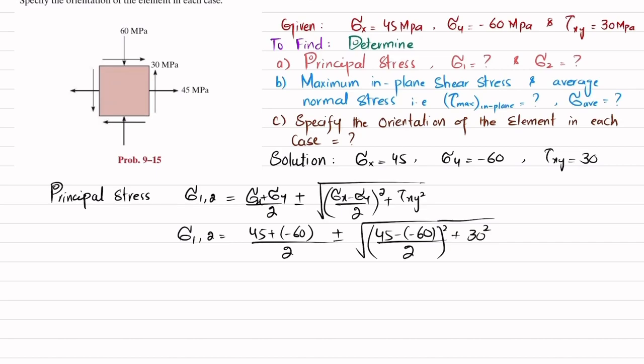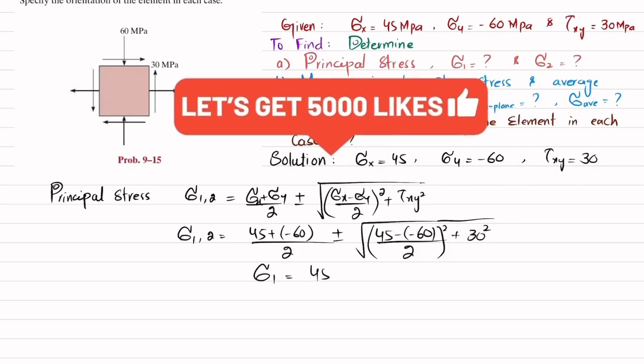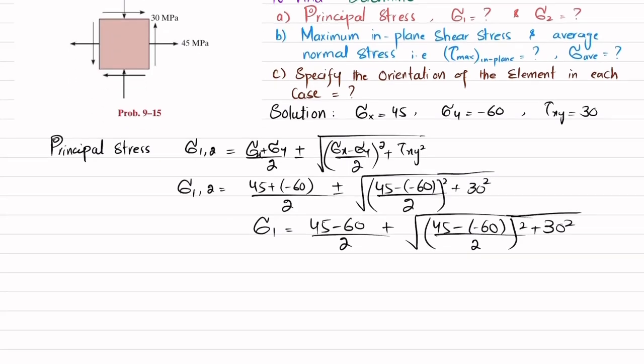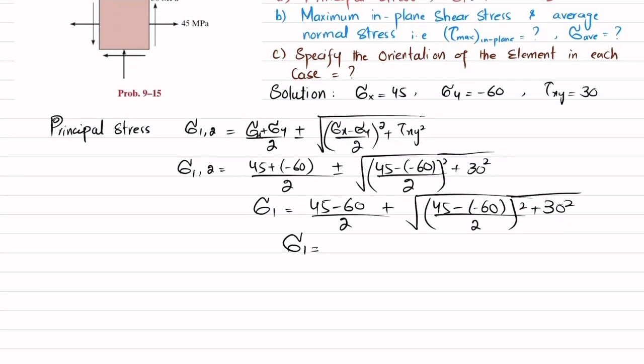So when you calculate it, this will give you sigma 1 equal to 53 megapascal.